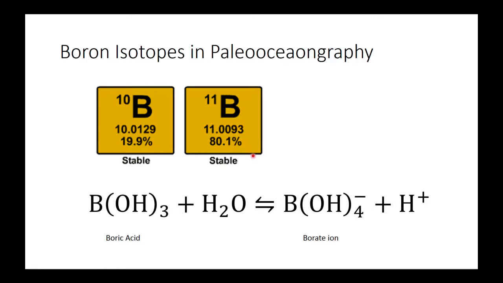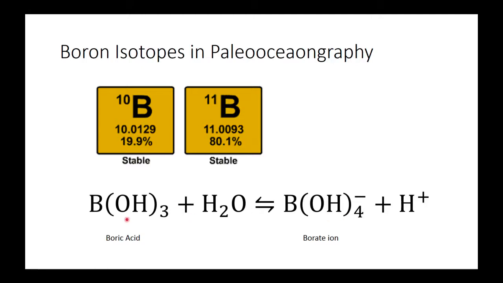That would be fun. But just to summarise what's going on here with boron. Boron has many isotopes. It has 2 stable isotopes, boron 10 and boron 11, one with 5, one with 6 neutrons. It also has quite interesting chemistry. In the ocean, boron has 2 main chemical species: one is boric acid, the other is the borate ion, and they react backwards and forwards with water.